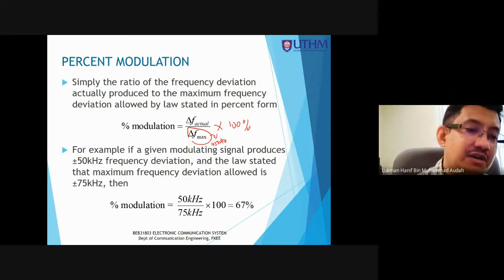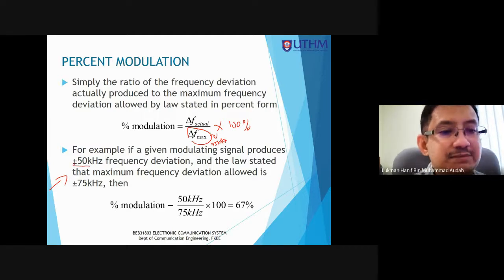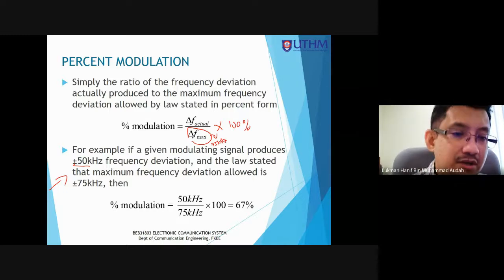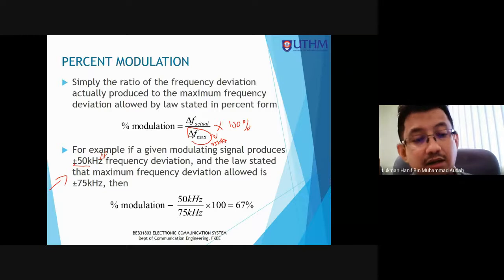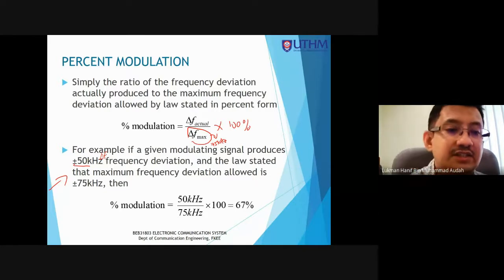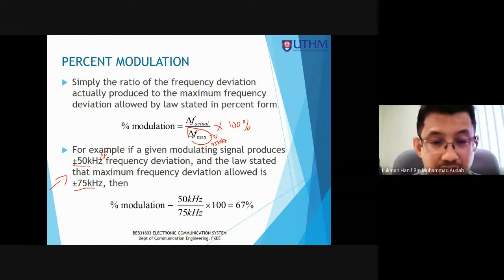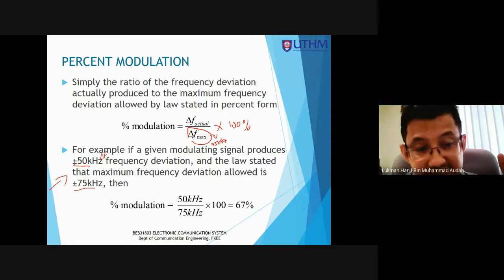Okay, for example, if a given modulating signal produces plus minus 50 kHz frequency deviation, maknanya dia punya delta F untuk signal yang dihasilkan ini adalah 50 kHz. And the law states that the maximum frequency deviation allowed is plus minus 75 kHz. Ini by standard yang dibenarkan adalah 75 iaitu maximum.